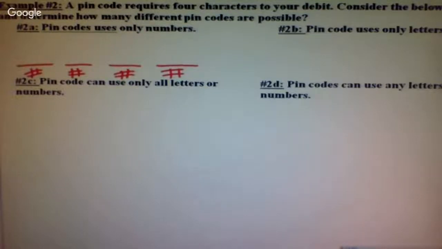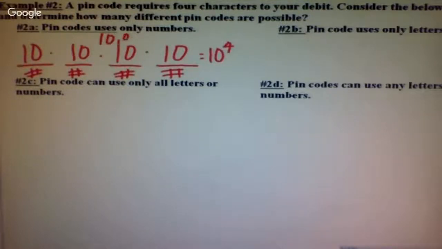It can only go 0 through 9. How many options do I have for numbers? 10. Does that change? No, it doesn't say that I can't use a number more than once, so it's all 10. And it doesn't tell us or, which means we multiply. Another way to write this is 10 to the 4th power, which comes out to be 10,000.